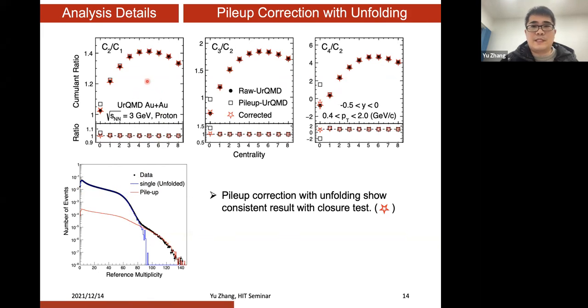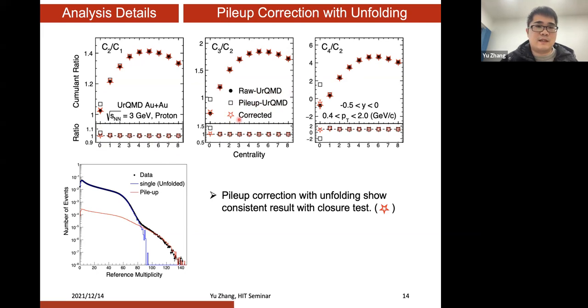The top plot is the cumulant ratios as a function of different centrality. The most central 5% is shown as 0. As the integer goes larger, it means more peripheral centrality. And still the black circles are the raw UrQMD calculation, and the squares are the calculation with pileup events.